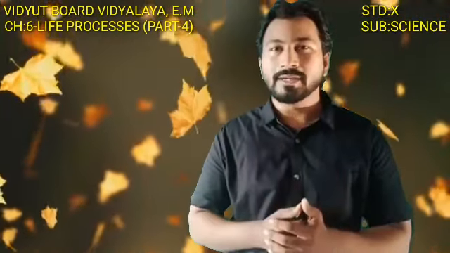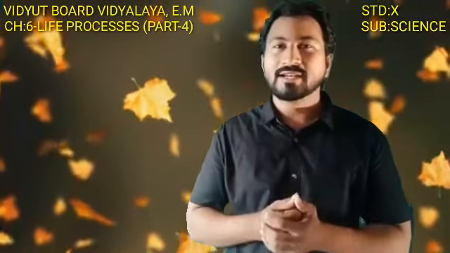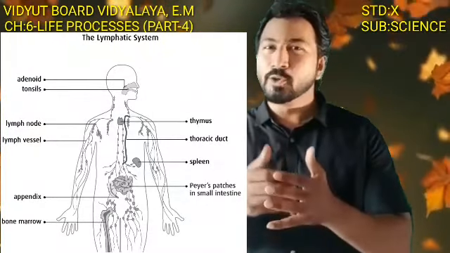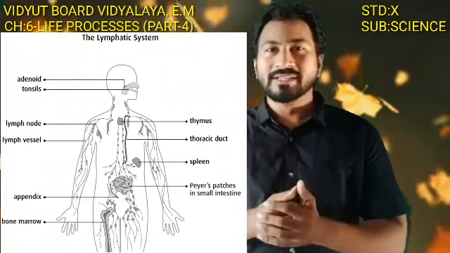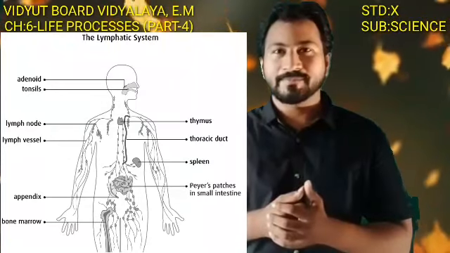Like the blood and the blood circulatory system, we have one more fluid known as the lymph. Now lymph is slightly yellowish in nature, and it basically oozes out from the thin walls of the blood capillaries.